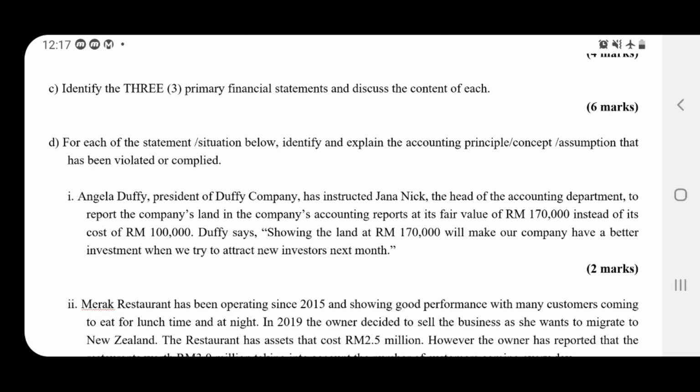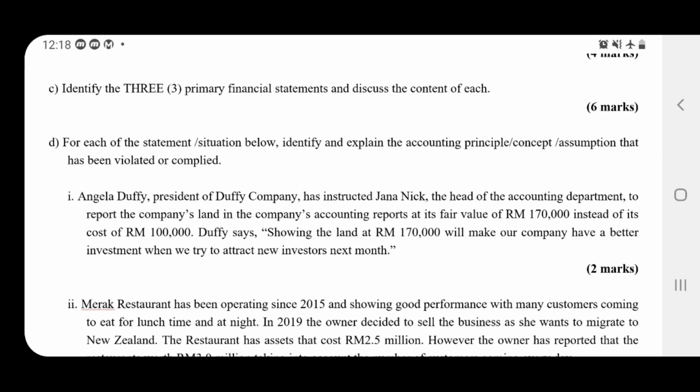The cash flow statement contains a list of cash in and cash out related to operation, and then cash in and cash out related to investment, and then cash in and cash out related to financing. You can see these 3 primary financial statements in the textbook, and you can see the example and I think the detailed explanation about each of the statements.